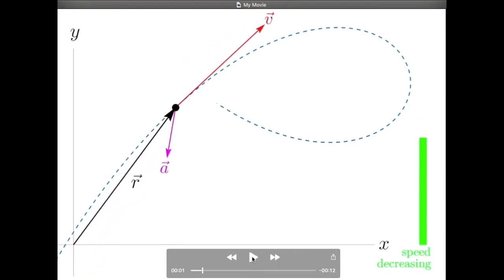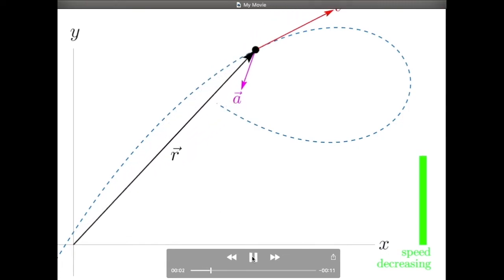Let me pause it here. Slowing down because the component of acceleration parallel to the velocity is actually anti-parallel. It goes back this way, so it's going to be slowing the velocity vector down. When the acceleration vector has a component opposite the velocity, it's slowing down. And there's that perpendicular component that will make it turn right.